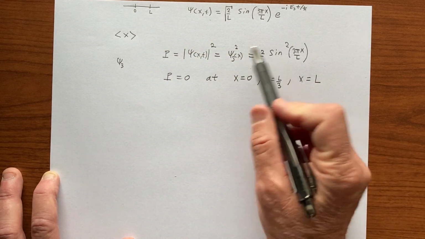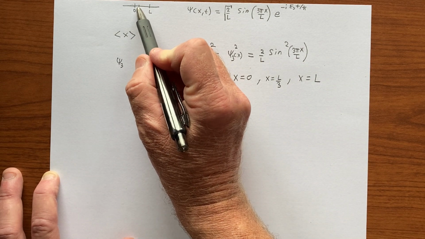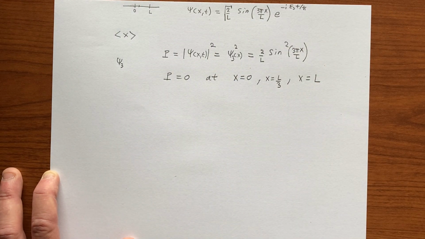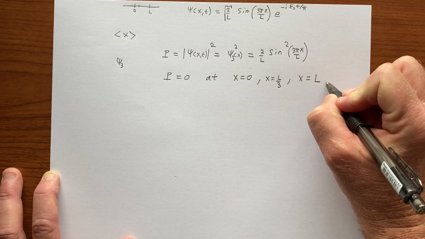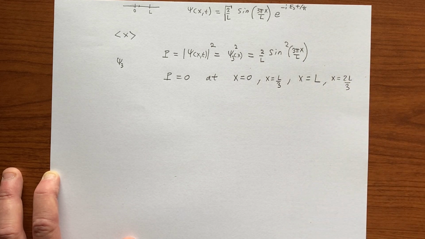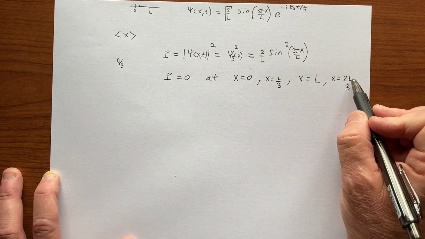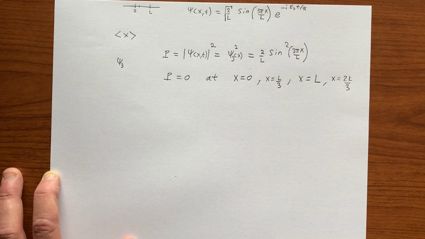But in this state, there's also a location right here, a third of the way to the other wall, the other boundary, where the particle can never be found. This is true, but we also have, let's put it here, x equals 2L over 3, because at x equals 2L over 3, we get 2 pi, and the sine of 2 pi is 0.